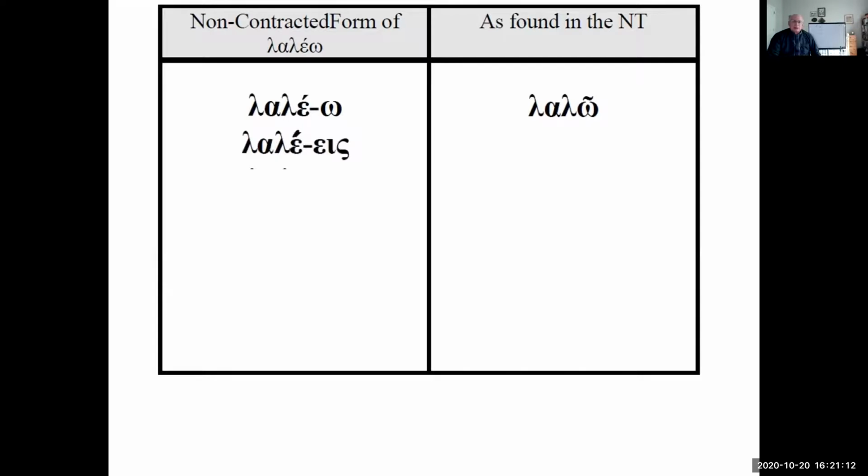And you'll notice when we add the ending for you singular, you speak or you utter, laleeis becomes laleis, and notice that again, epsilon and epsilon have here gotten married too.